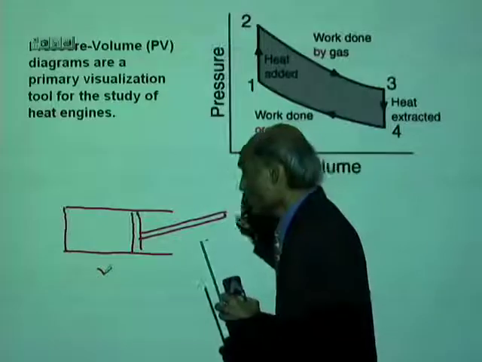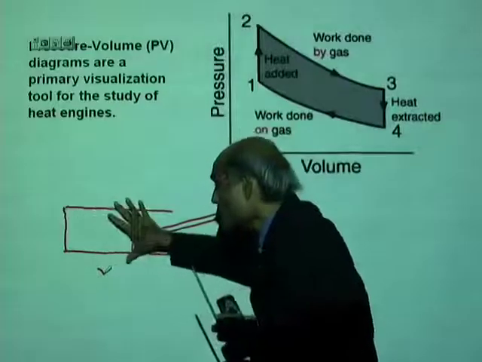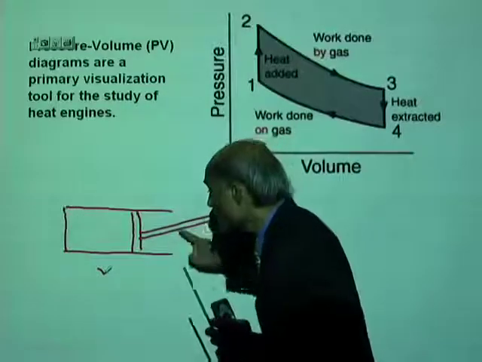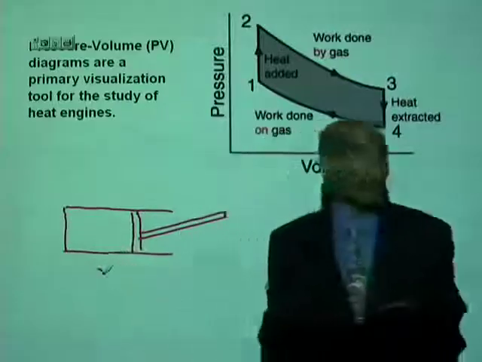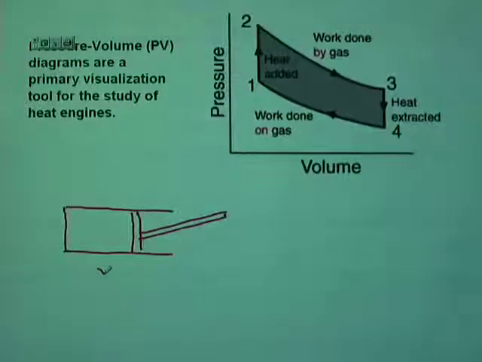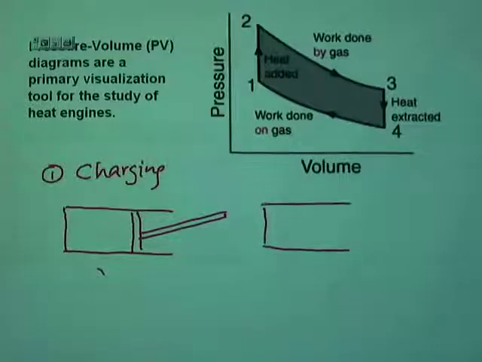And then, when the mixture has been sprayed, then the piston goes forward. So the first stage is called the charging stroke. The engine is charged. What is the second stage? In the second stage, the piston is pushed forward, compressing the gas.